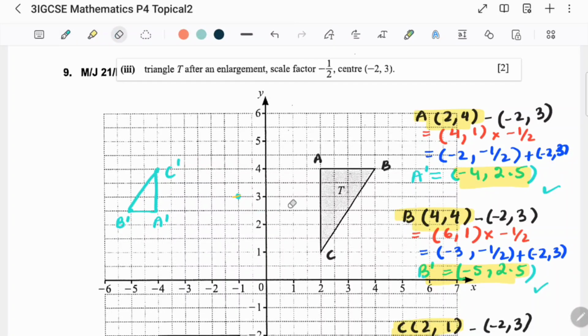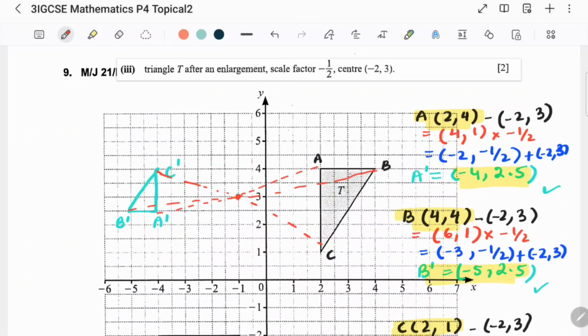Let's see what happens. I'm joining the A with A prime passing through the center. Now C with C prime and B with B prime passing through the center. You can see the center is at minus 2, 3.